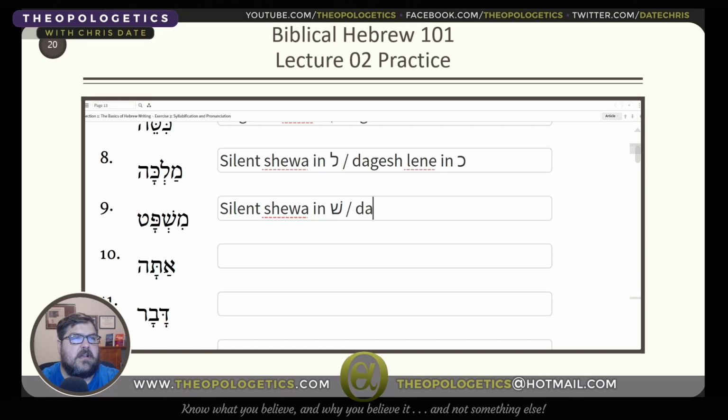So we know that this is a dagesh lena in pei. Ata, we have a dagesh in the tav. The tav is a begad kfat, and it's following a vowel sound, a. So this is a dagesh forta in tav.